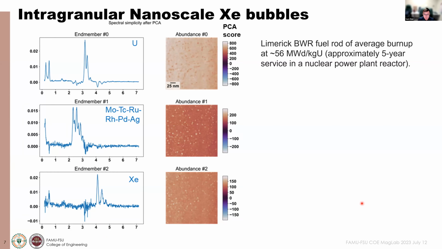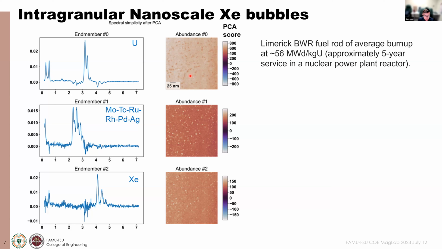So for example here, we are investigating a relatively small region of a fuel sample. What you can see here are all these different contrasts. There are overlapping precipitates, and they are also overlapped with the xenon bubbles.